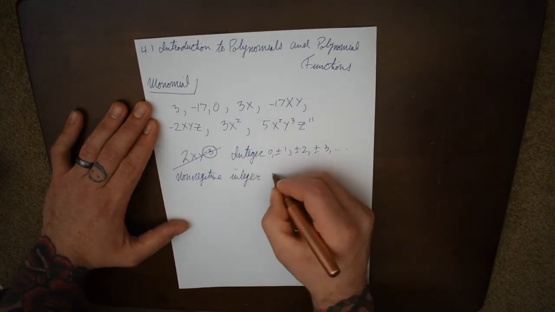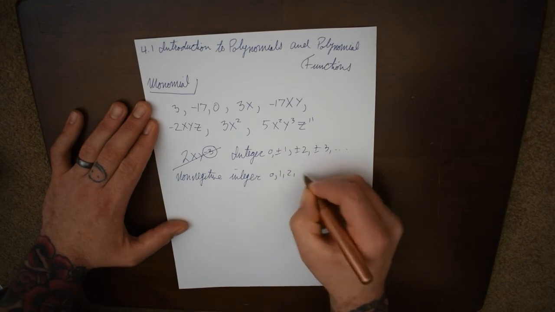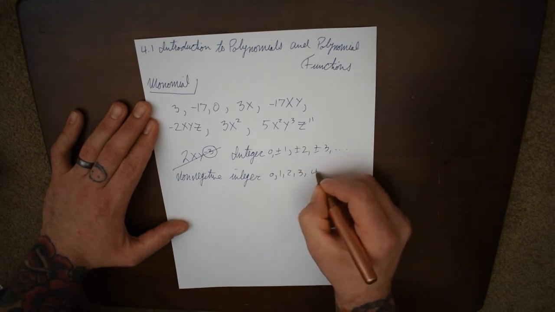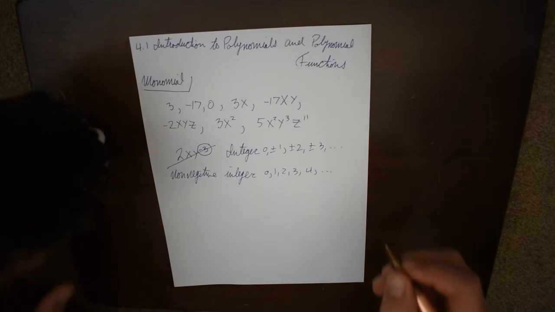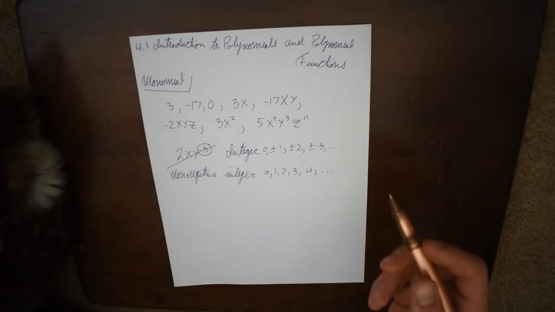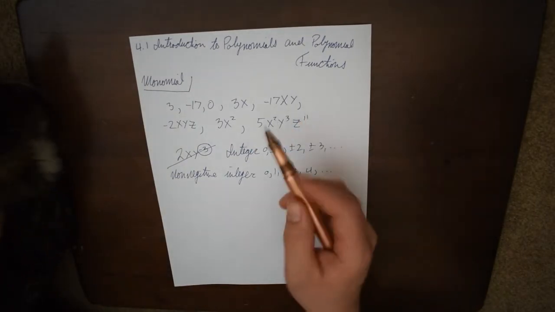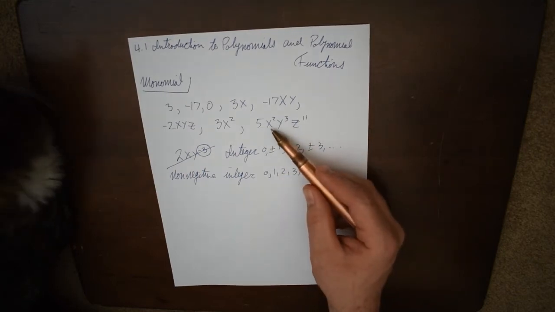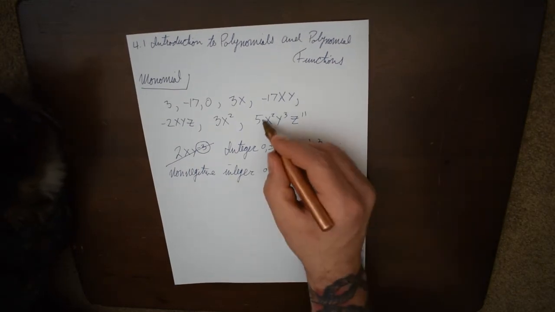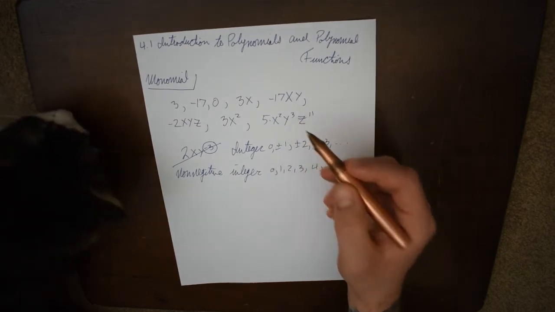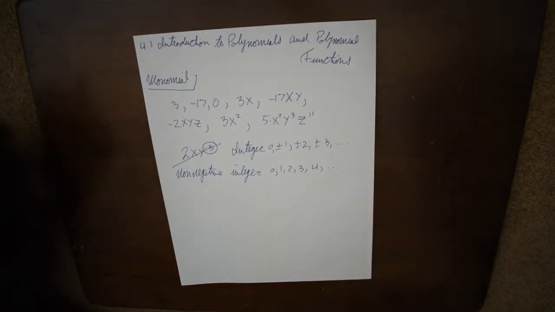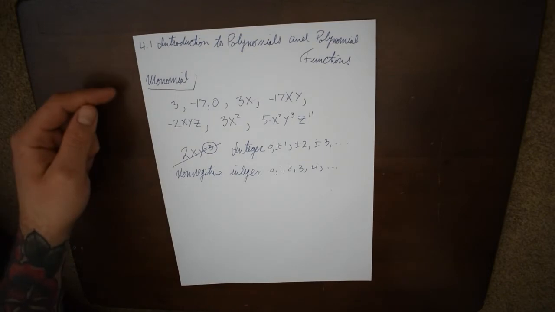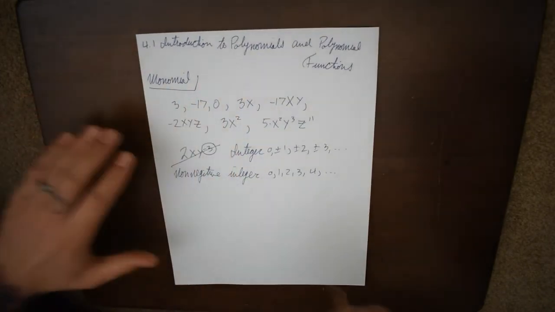Well, that's 0, 1, 2, 3, 4, etc. So we're talking about constant terms attached to variables with multiplication, and all the exponents are non-negative integers. So that's a monomial.